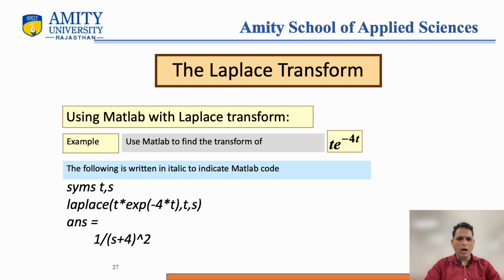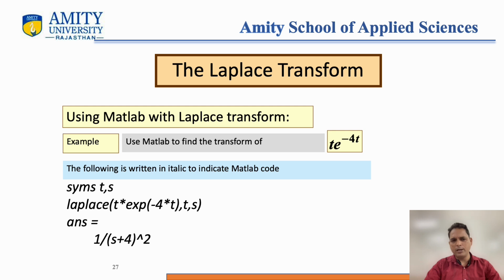So how do we write the Laplace of some function? We have written laplace of t, meaning t is transformed into s, as laplace(t*exp(-4*t)). The t function is multiplied with the exponential function, exponential of minus 4 into t.